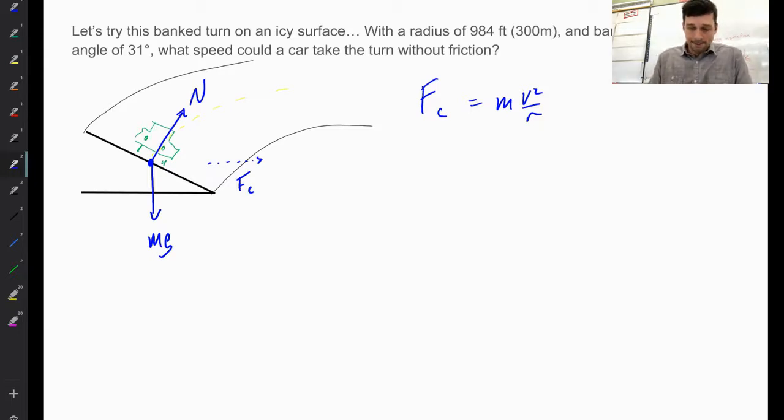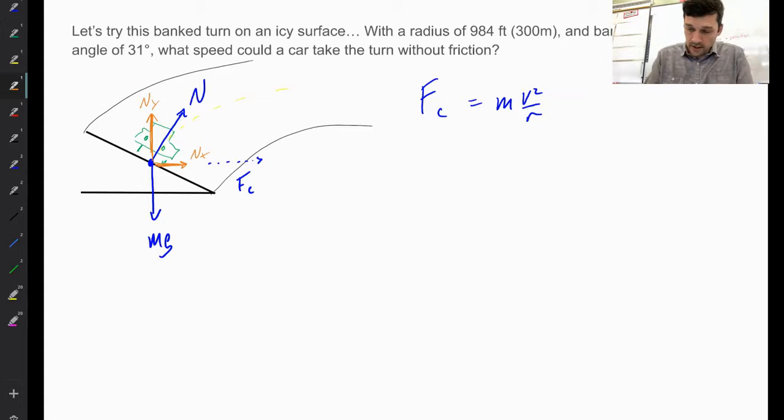In fact, because mg is straight down, the only contributor to centripetal force is the x component of the normal force, whereas the normal force in the y direction is going to simply counteract gravity.